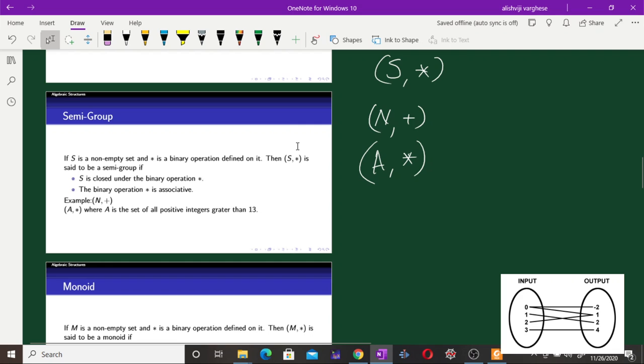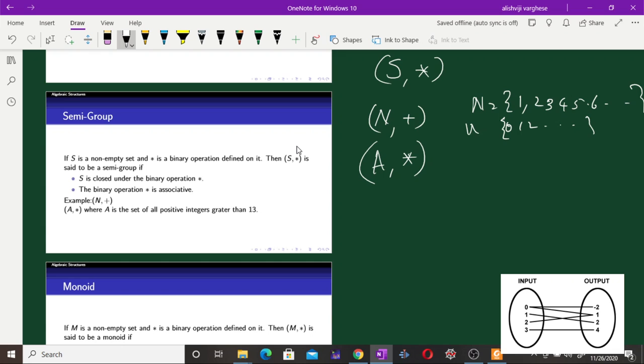Now, say one more thing. If we say the set of all natural numbers, usually we refer to 1, 2, 3, 4, 5, 6, etc. up to infinity. And in some cases, our reference is to 0, 1, 2, 3, etc., the whole numbers. So usually in our discussion, we follow the convention that N is equal to 1, 2, 3 up to infinity, and W is equal to 0, 1, 2, 3 up to infinity.